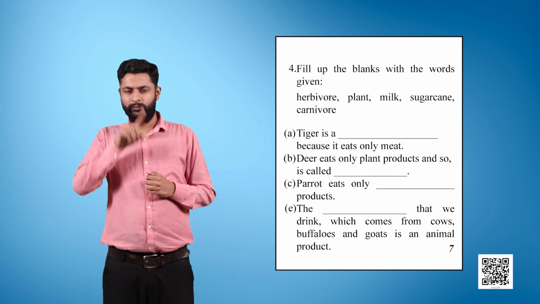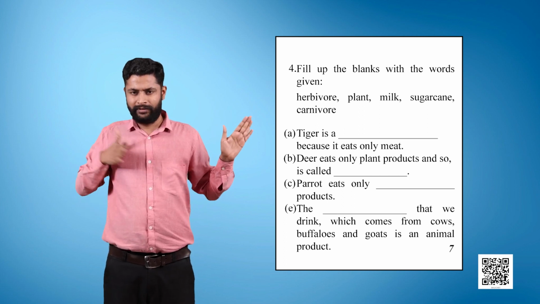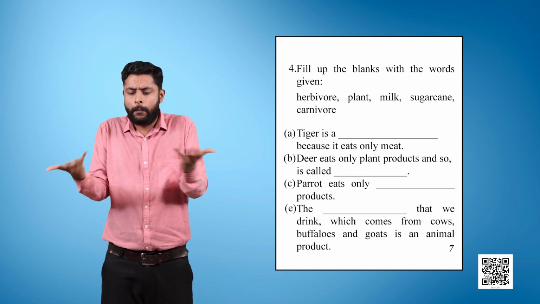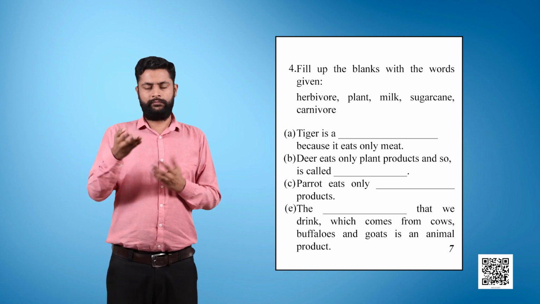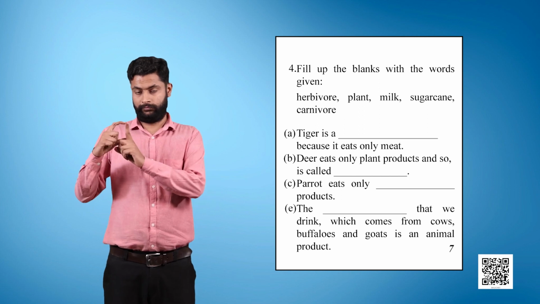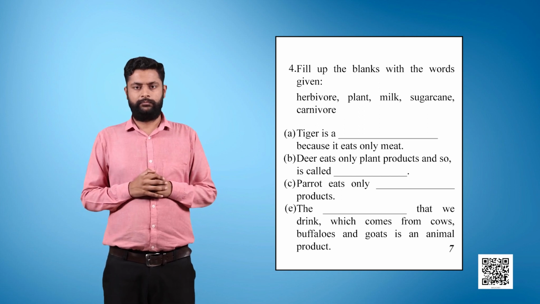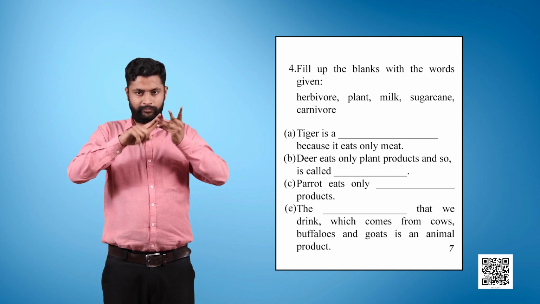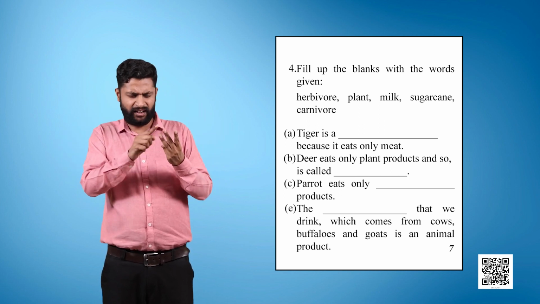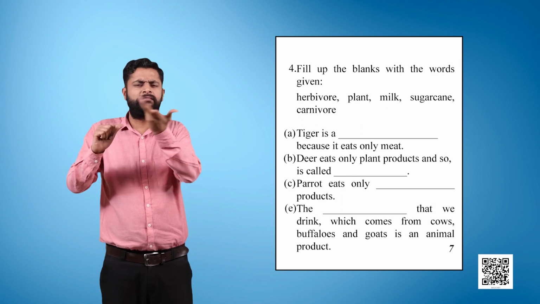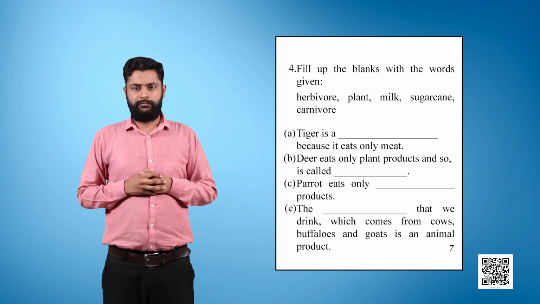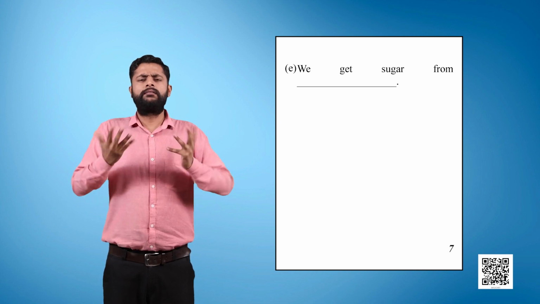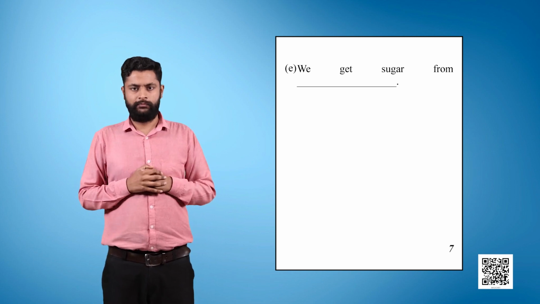C. Parrot eats only blank products. D. The blank that we drink, which comes from cows, buffaloes, and goats, is an animal product. E. We get sugar from blank.